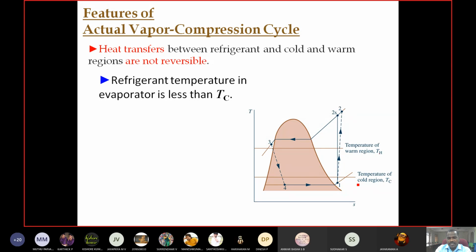Then the refrigerant temperature in the evaporator is less than the low temperature. Right.